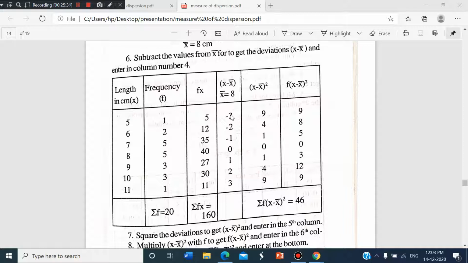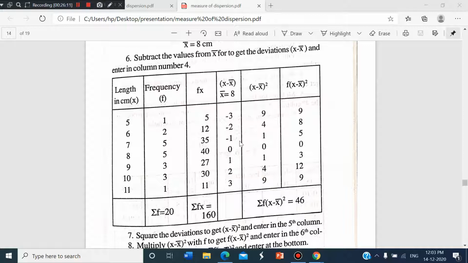So 5 minus 8, minus 3. 6 minus 8, minus 2. 7 minus 8, minus 1. 8 minus 8, 0. 9 minus 8, 1. 10 minus 8, 2. Then the 3.